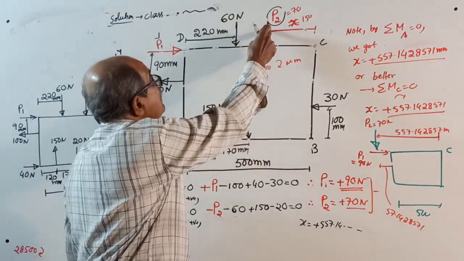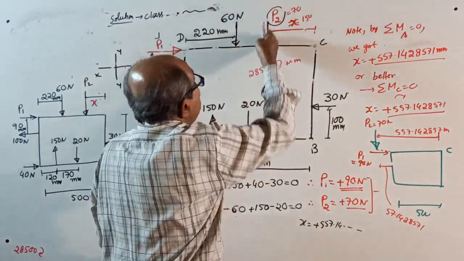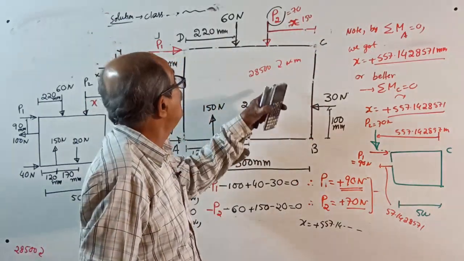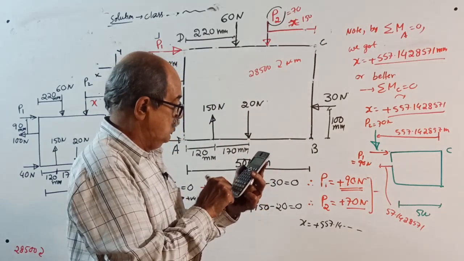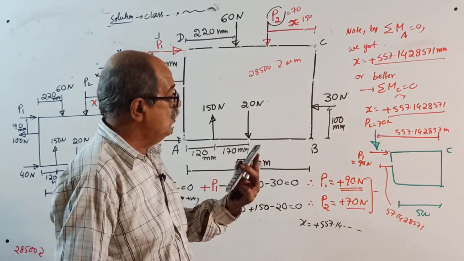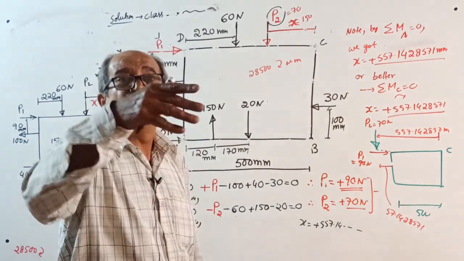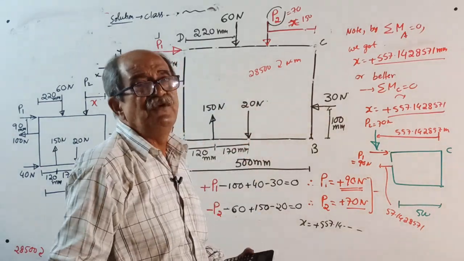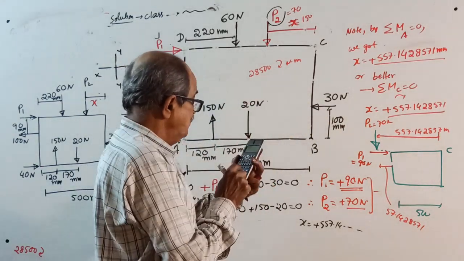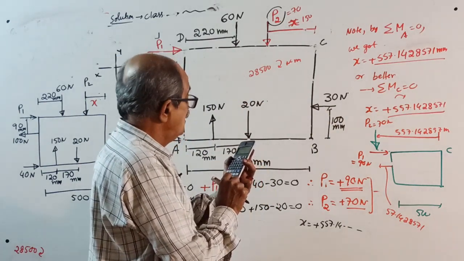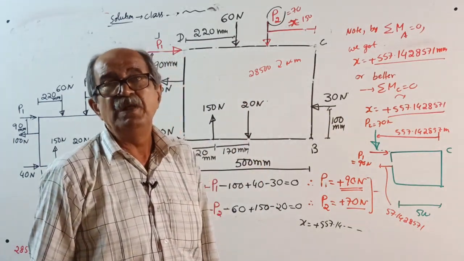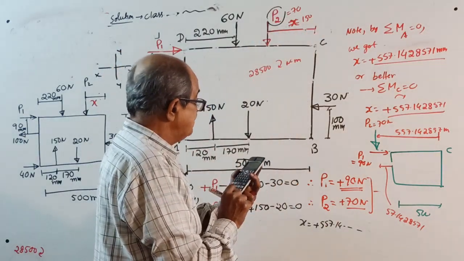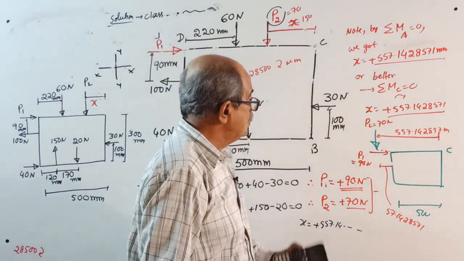Now I will remove that P2 term, because it is P2 into 150 anti-clockwise, that is 70 into 150, 10500 anti-clockwise. I will remove that term. Why remove? Because when it is anti-clockwise, it came 28500. If it is not there, sigma M would have come plus 28500, 390000 Newton millimeter. Now that will be equal to P2 into X. So I will divide by P2 70 and check the answer. 557.1428571.